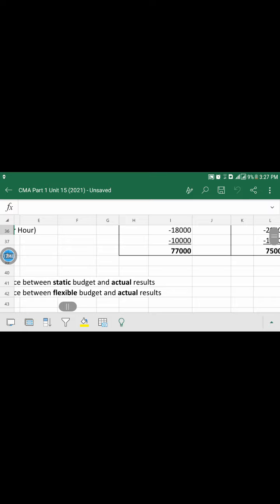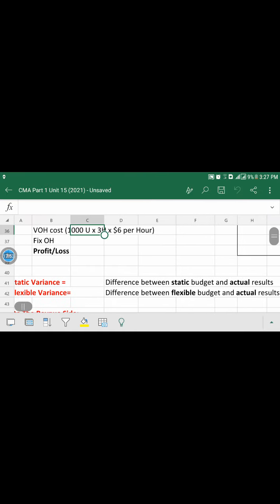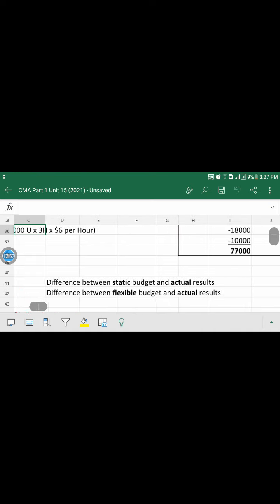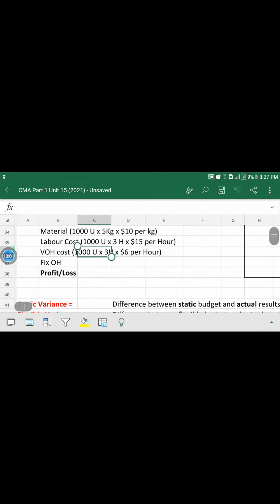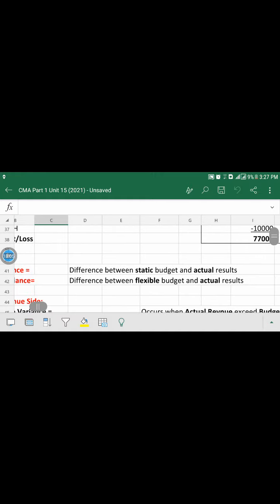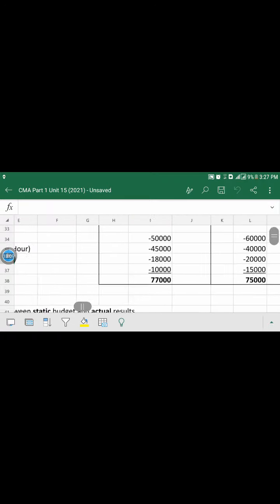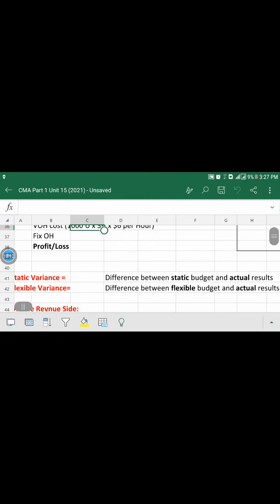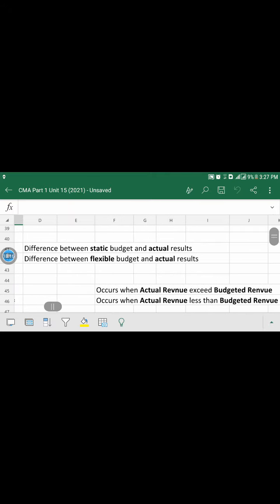It means the actual amount you have is greater than the budgeted one, so that is favorable. An unfavorable variance is when actual revenue is less than the budgeted one. You should understand the revenue side.